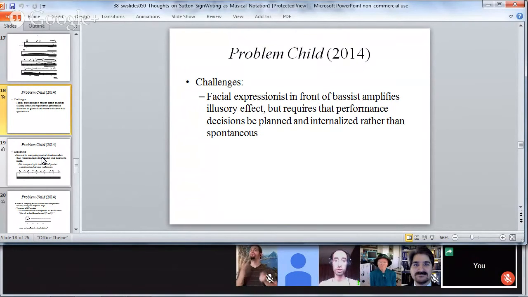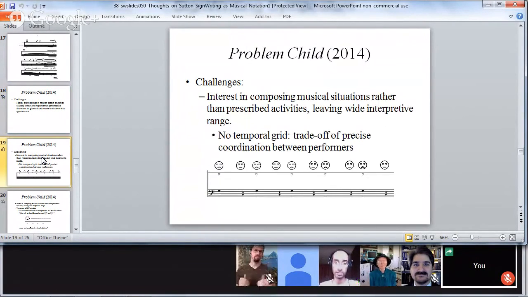And you can go to the next slide. This slide is just an example of how there are events loosely organized in time, but without a specific indication of when and for how long each event should happen.